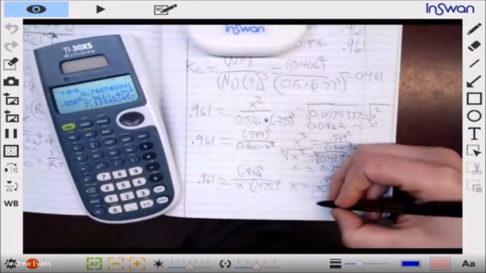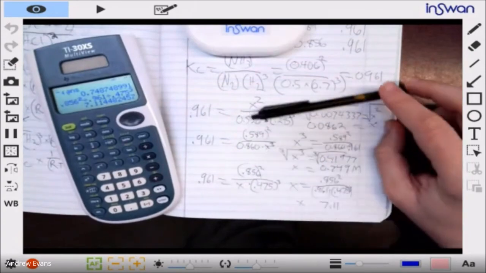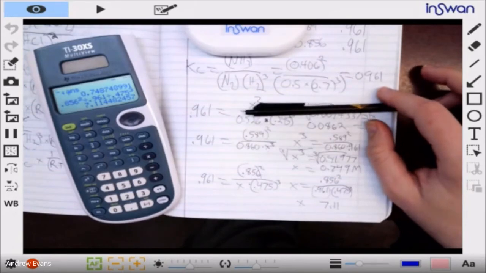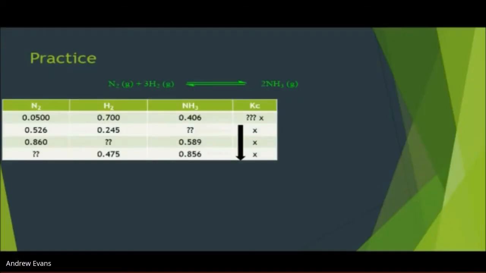The concentration of X I got was like 7.11. Now let's go back to the PowerPoint and double check that. Oh, geez, that screwed up everything.